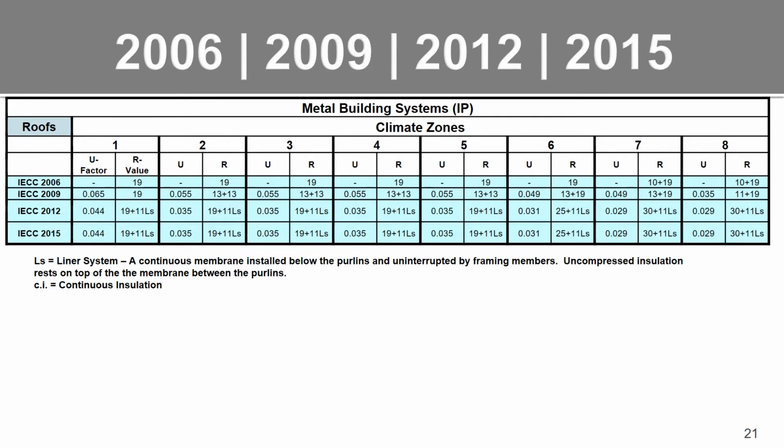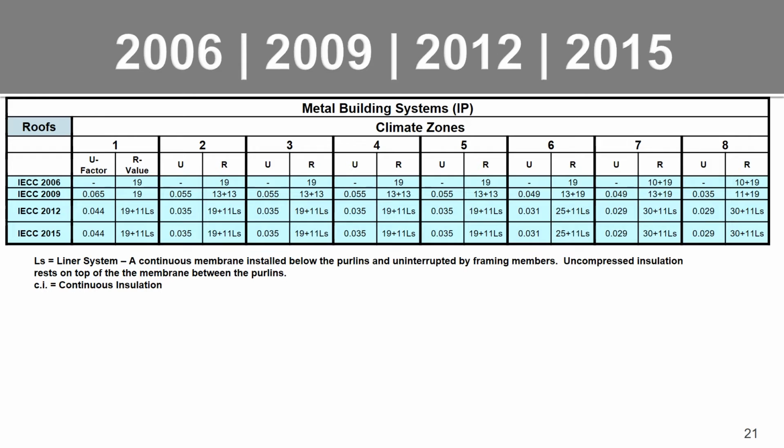I'd like to summarize the past 4 code cycles, and you could take a look at this in detail. If you'll notice, back in 2006, it was all about R values, and there was no U factor. U factors were introduced in 2009, and it's slowly increased in stringency. You'll notice the U factor numbers and the R value levels increasing.